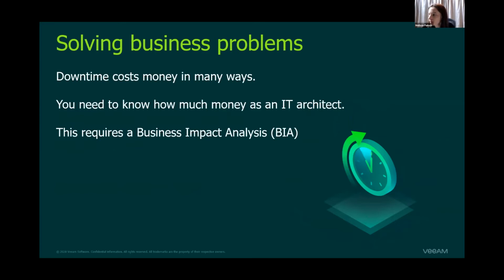Downtime costs in many different ways, right? It depends on what kind of company you are. If you are a company that takes online reservations for a hotel or something like that, and you're down, you might lose money in a couple different ways, right? You might lose to your competition. They might go stay at a different hotel chain because they couldn't book the reservation when they wanted to.